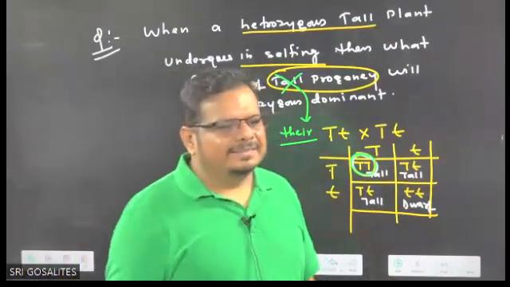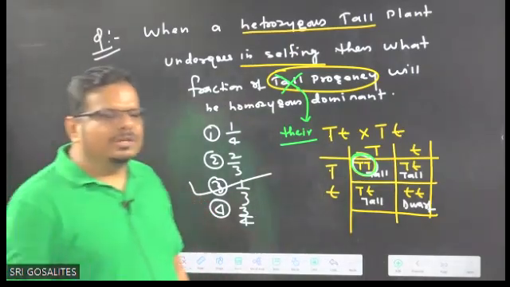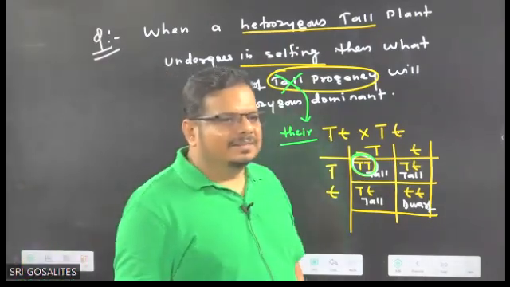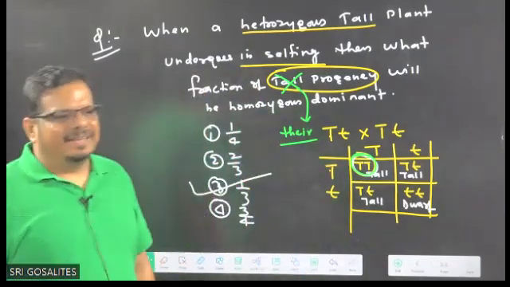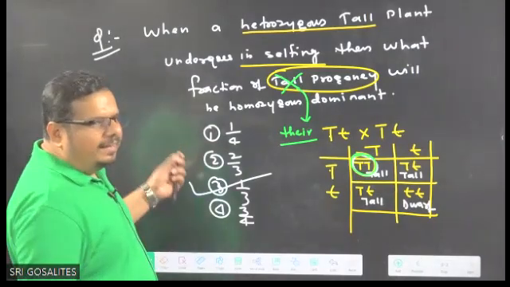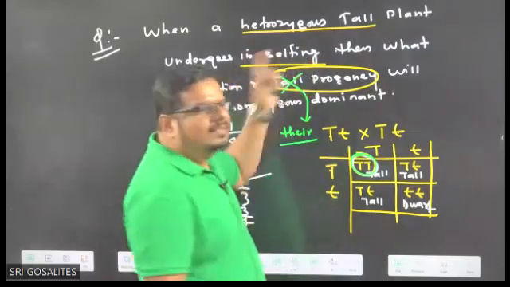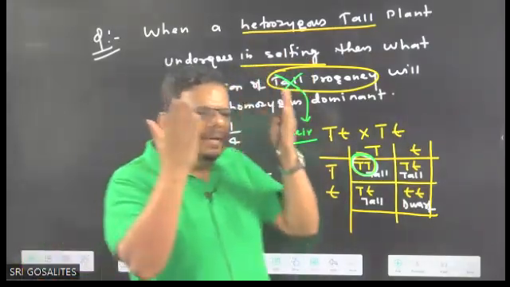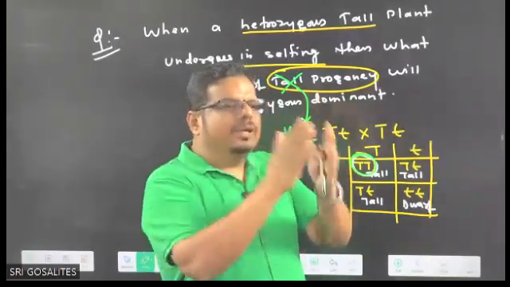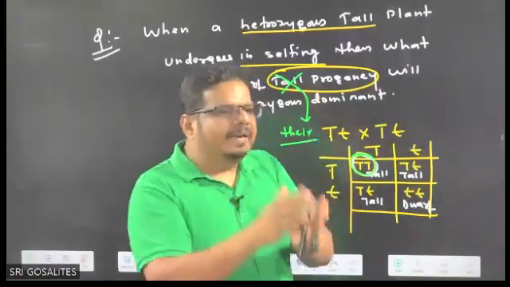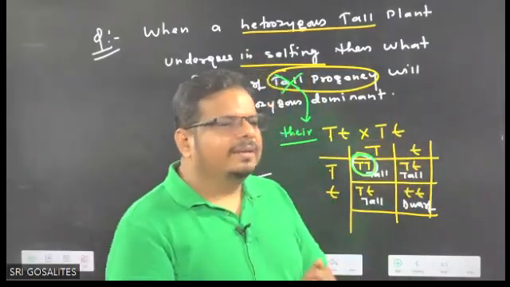It's all right? So do you want to solve one or two more questions? Can I write it on the board? Okay. When a heterozygous tall plant undergoes selfing. Selfing means reproduction between the same genotype; the genotype of male and female are the same. I told it earlier also.